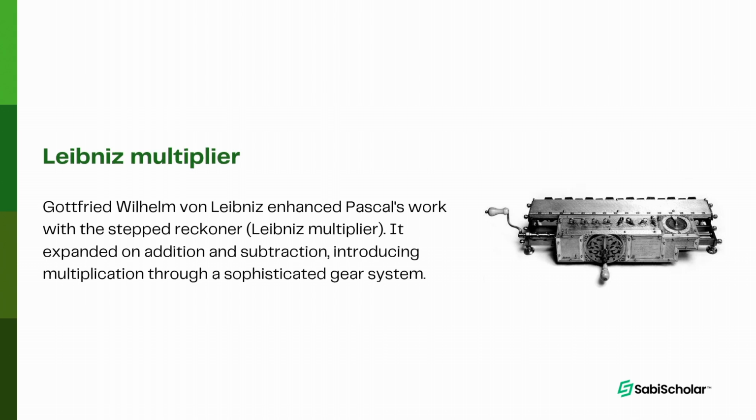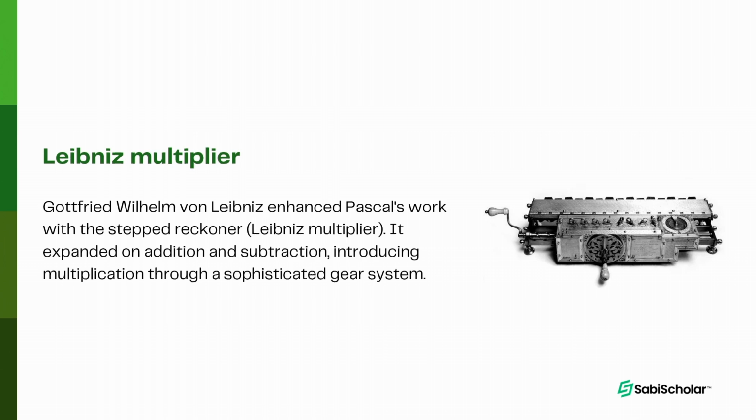Imagine the Pascaline had just the ability of doing two things, addition and subtraction. So in this case, the Leibniz multiplier is actually an improvement on the Pascaline.